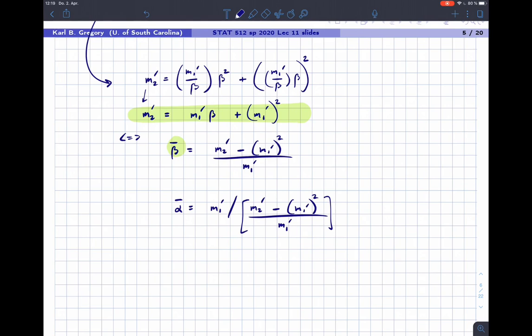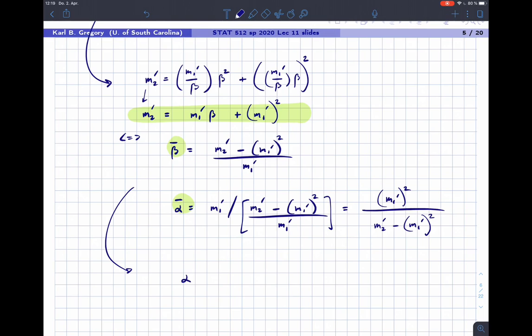So when I simplify that, I'm going to get M1 prime squared divided by M2 prime minus M1 prime squared. And that's my alpha estimator. Let's write them using quantities that are a little more familiar to us.